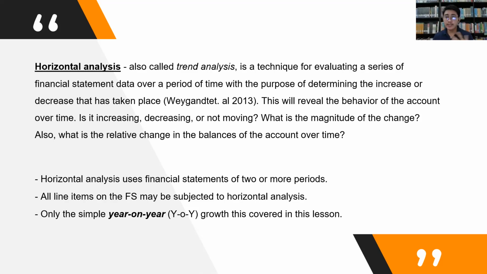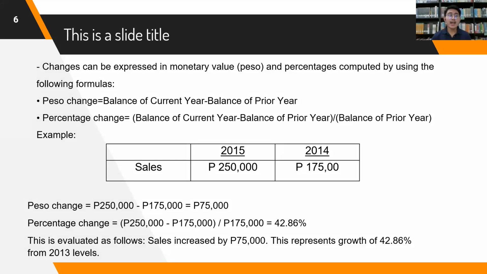But dito sa topic natin, we will compare only two years. All line items on the FS may be subjected to horizontal analysis on the simple year-on-year growth discovered in this lesson.